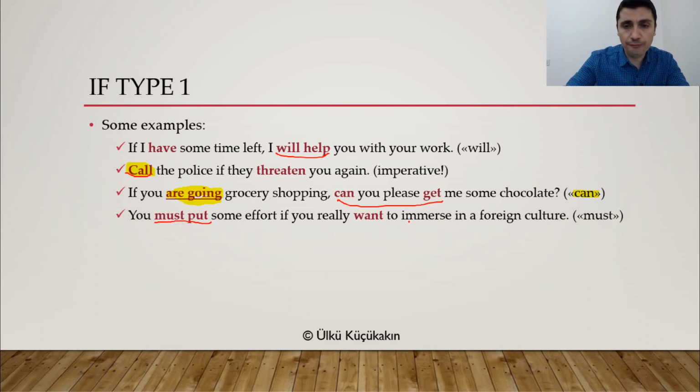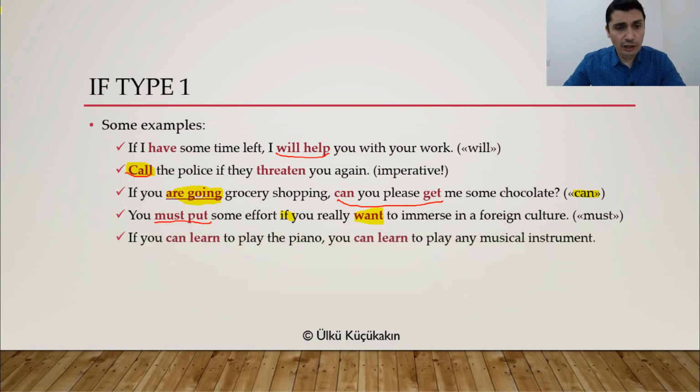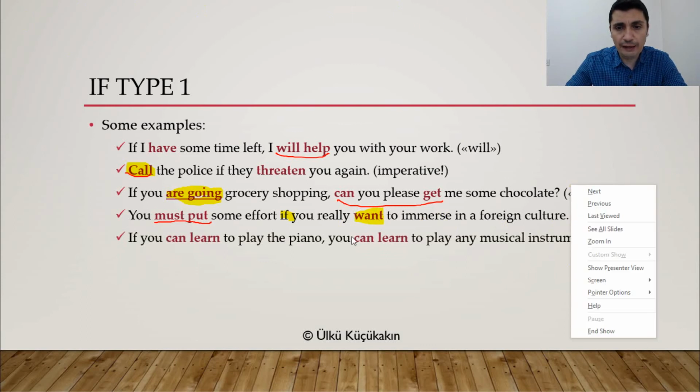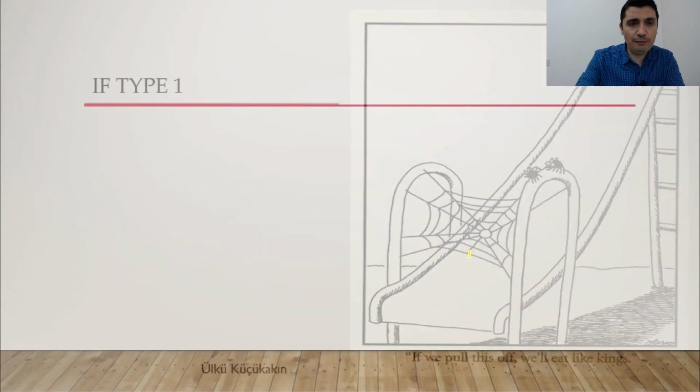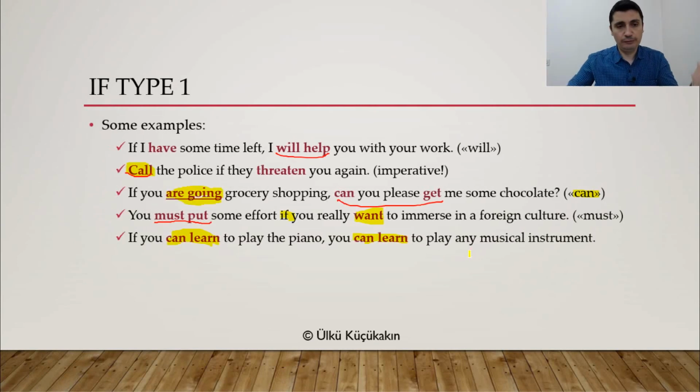So in the if clause, if is used with simple present tense, and it's general. Here we have a general idea. If you can learn to play the piano, you can learn to play any musical instrument. Now here what we have is two modal verbs. As you can see, if type 1 is a little more flexible.